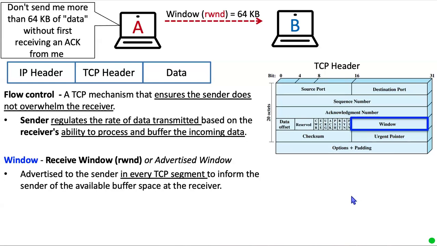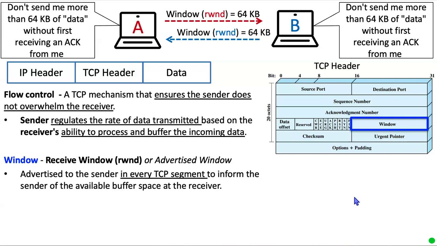We'll see that in a moment. It's also true for B. Every time B sends a TCP segment to PCA, it's going to include its window size. Don't send me more than 64,000 kilobytes of data without first receiving an acknowledgement from me. We'll talk more about this 64,000 kilobytes in later videos.